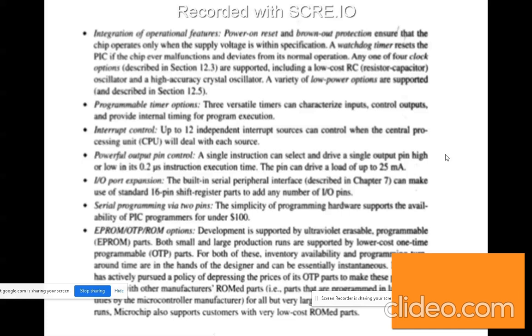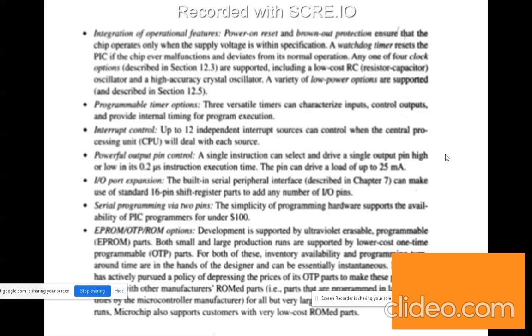So input output port expansion means for sending and receiving data, the port pins are maximum in number. So the maximum number of pins is inbuilt in the PIC microcontroller. So the built-in serial peripheral interface is nothing but serial, bit by bit you can send the data as well as receive the data. That interface is also available in the PIC microcontroller.